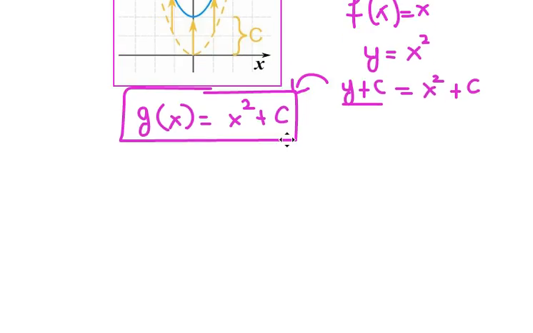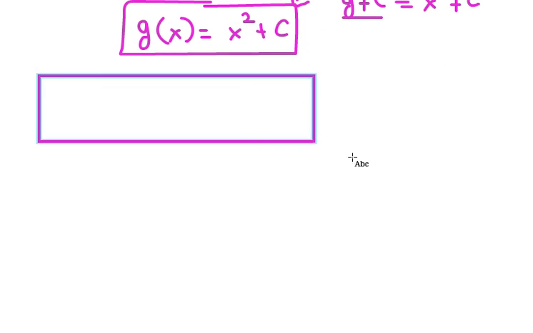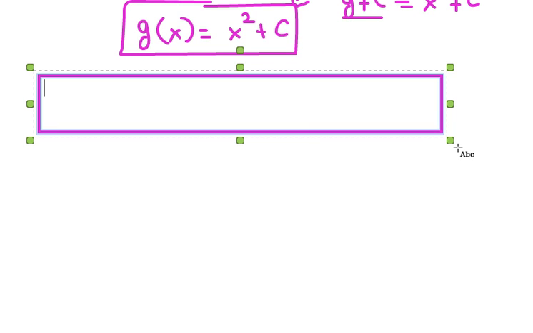So we can say, if we want to move the graph down, we will use a negative value for c.